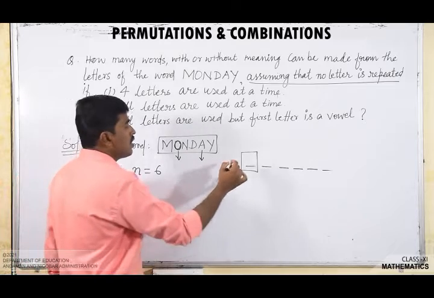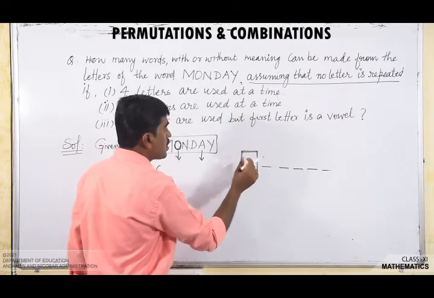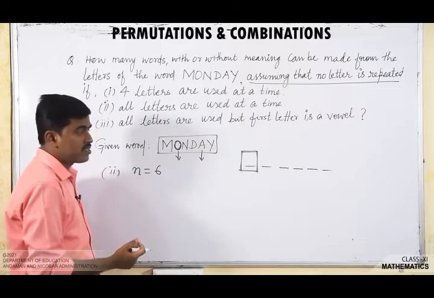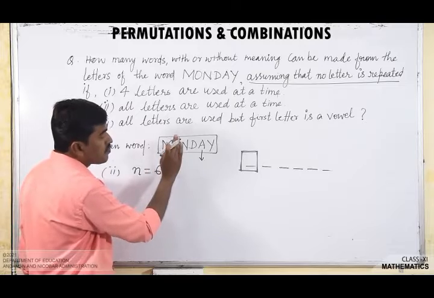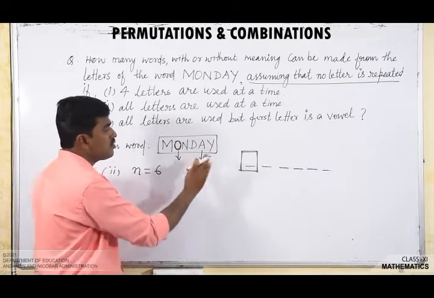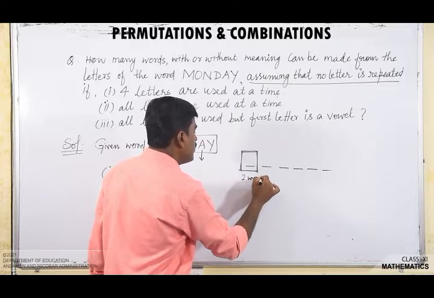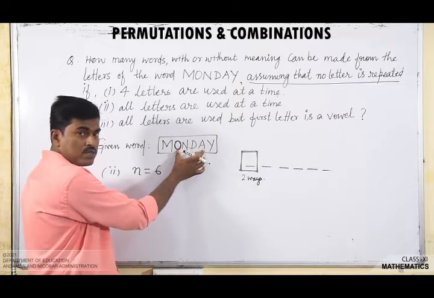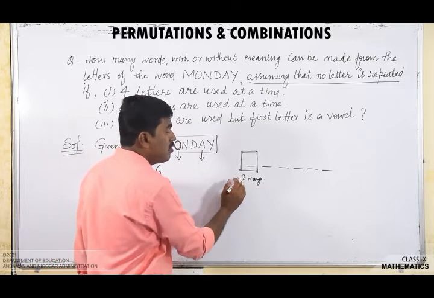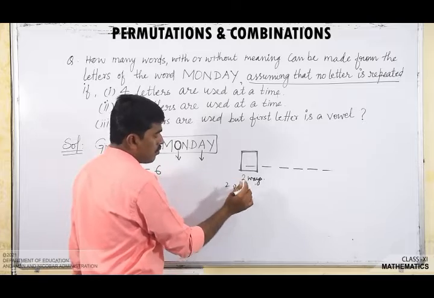That means the first place can be filled in how many ways? We can fill it by either O or A. So it can be filled in 2 ways. That means we have to take one letter out of these 2 vowels. So it can be filled in 2P1 ways, or we can write directly 2 ways.